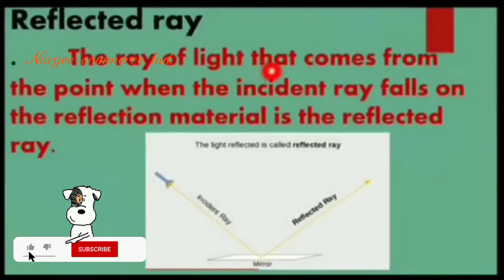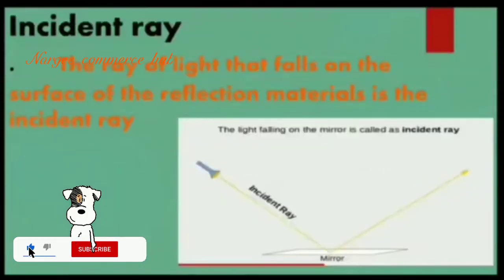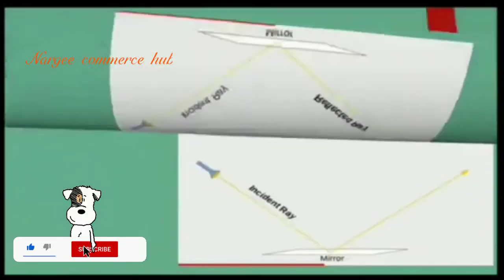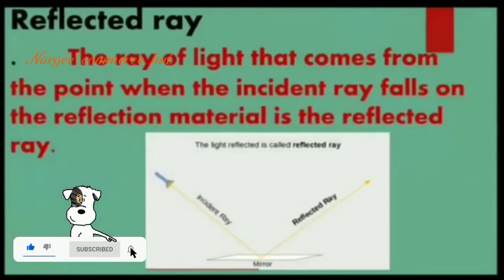The ray of light that comes from the point when the incident ray falls on the reflecting material is the reflected ray.